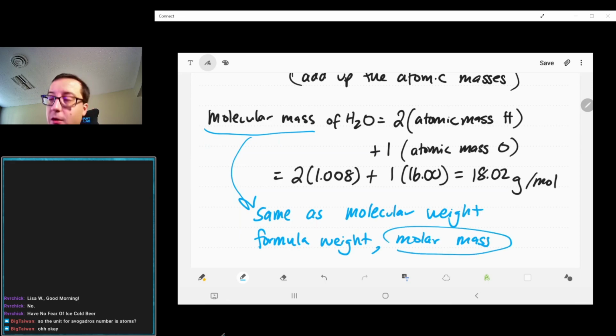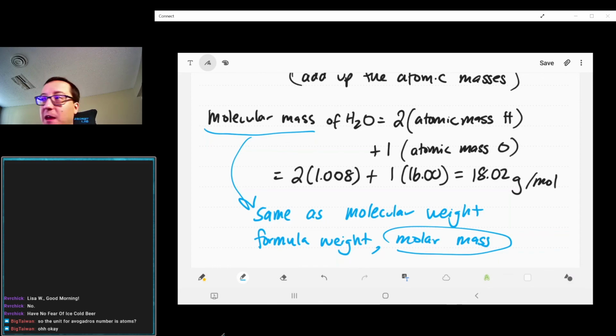This is what I'll probably be using most often. Molar mass is a nice term because it could work for either atoms or compounds. Molar mass is just the mass of 1 mole. So we're going to see that 18.02 grams of water would be 1 mole of water molecules. And that would be made up of 2 moles of hydrogen and 1 mole of oxygen.